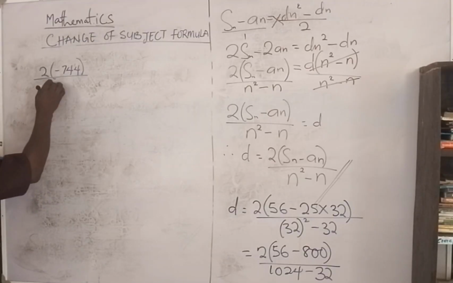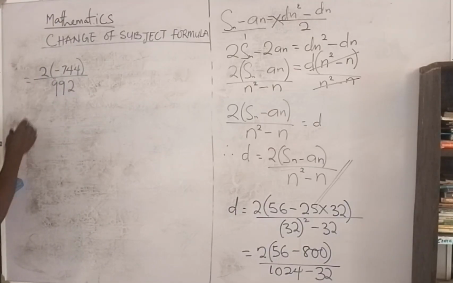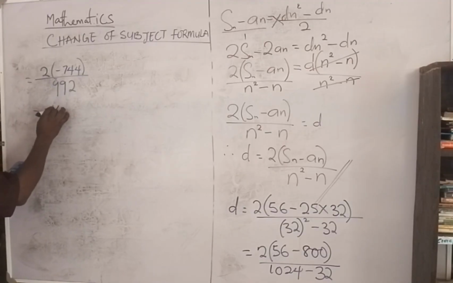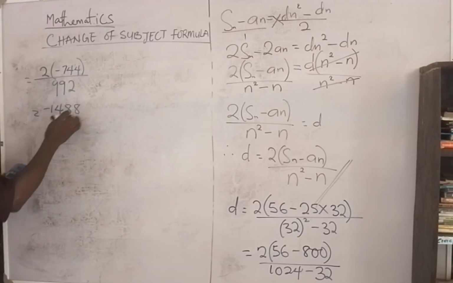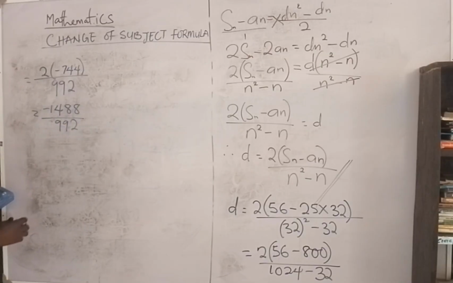And that will be 992. Now 2 times minus 744, that will be minus 1488 over 992.